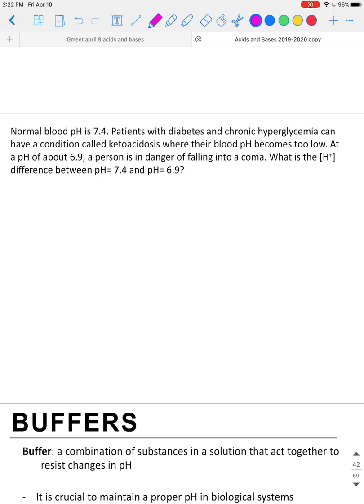The way we are going to solve this is we are given pH. Remember, to solve for the concentration of H plus, you do 10 to the negative pH. We're going to do this for pH 7.4 and the same thing for pH 6.9. We'll get these two concentrations of H plus and just find the difference, because the question asks for the H plus concentration difference.